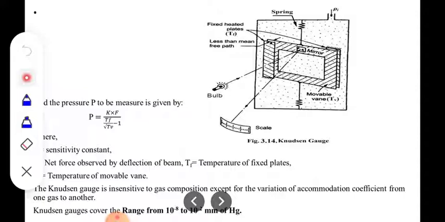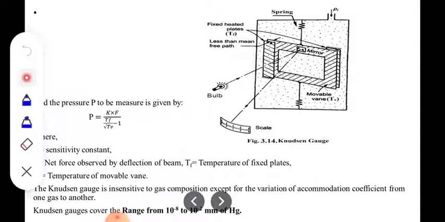Okay, so in the enclosure, a gas of unknown pressure, that is Pi, is introduced, at a pressure where the gap is less than the mean free path. Gas particles are present everywhere in that chamber. The fixed heated plates are maintained at some temperature, and the moving plate is maintained at some other temperature.